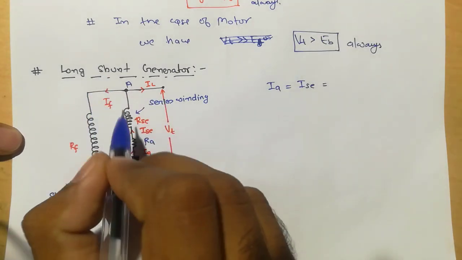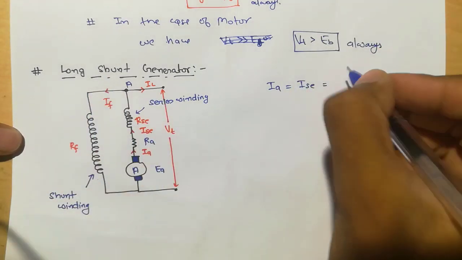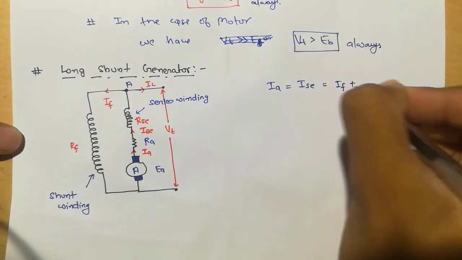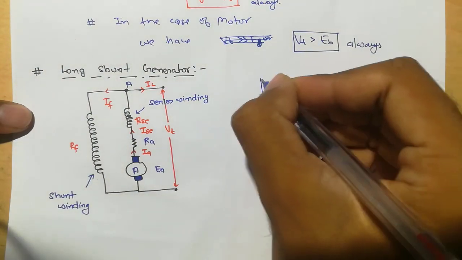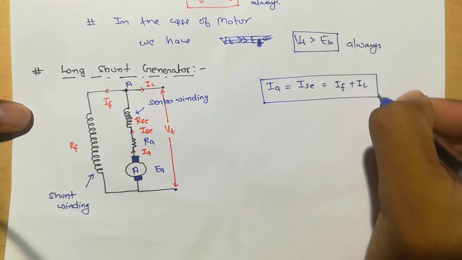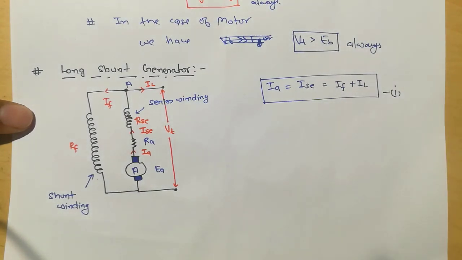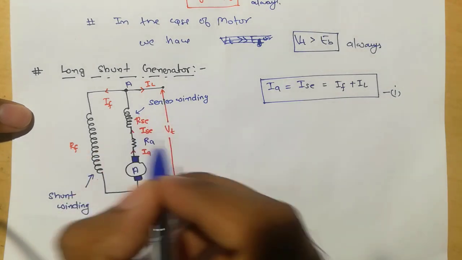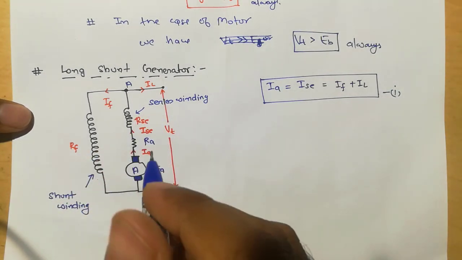So the armature current is equal to the summation of field current plus load current. This is a very important equation number 1.